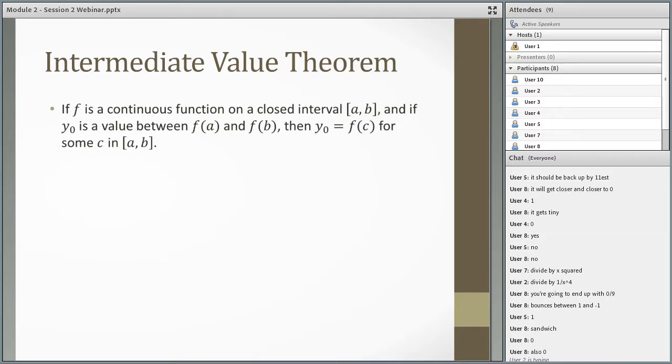So the intermediate value theorem. If I have a function that's continuous, so there's no breaks in the graph, on a closed interval AB, closed interval just means on some interval AB, including the endpoints.